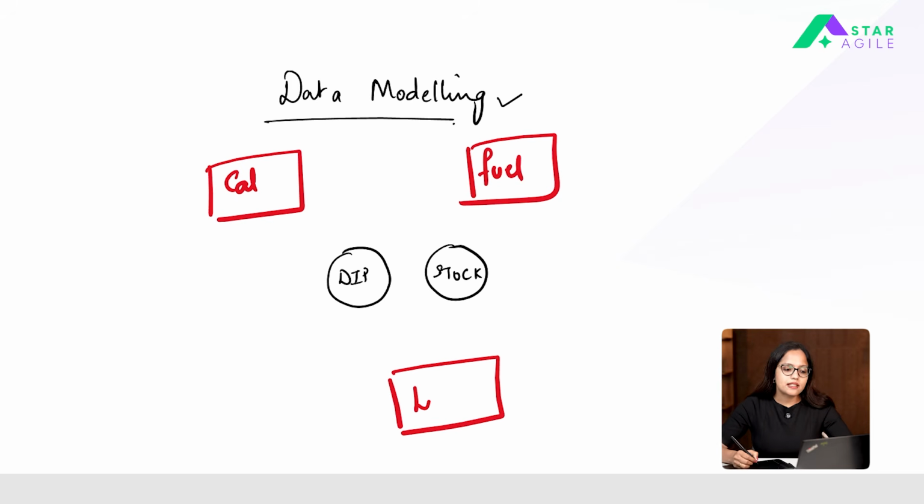Now, in order to establish connection, pay attention guys, one date can have multiple dip entries, right? Which means one entry in your calendar table can have multiple information pertaining to dip. Reason being, there are also multiple locations involved, right?